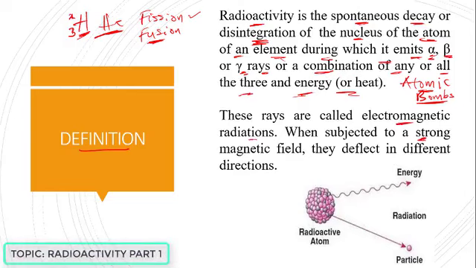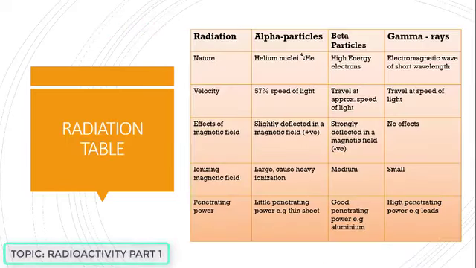And when they are subjected to a strong magnetic field, they deflect in different directions. As you can see from the diagram here, in the presence of a magnetic field, a radioactive atom can release energy, radiation, or emission of some new particles.